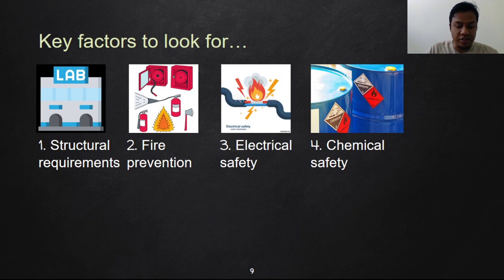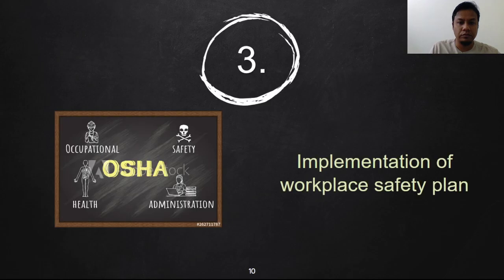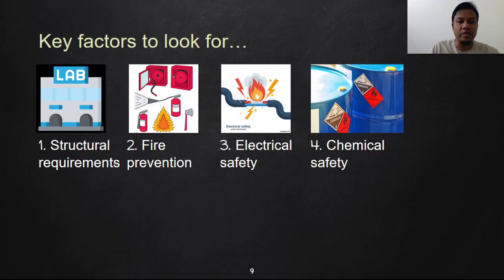Second, fire prevention includes fire prevention plans, handling of flammable substances, firefighting strategies, and third, electrical safety. Fourth, chemical safety. For chemical safety, we need to follow strictly the material safety data sheets or MSDS, which will always be provided along with the chemicals.